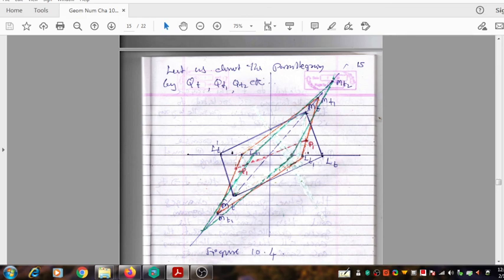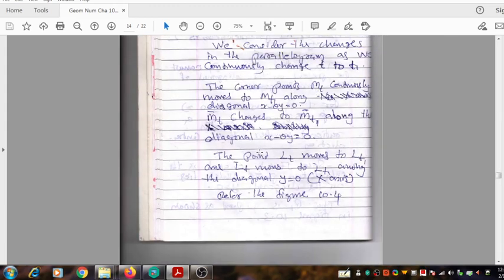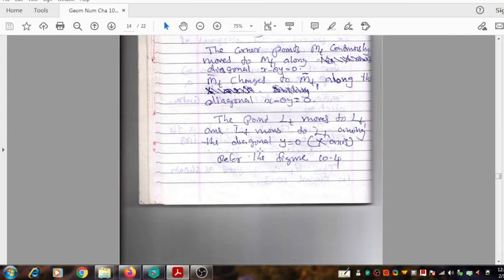Similarly, L bar T moves to L bar T1, and L bar T1 moves to L bar T2. So these are the changes taking place at the coordinates of the parallelogram.